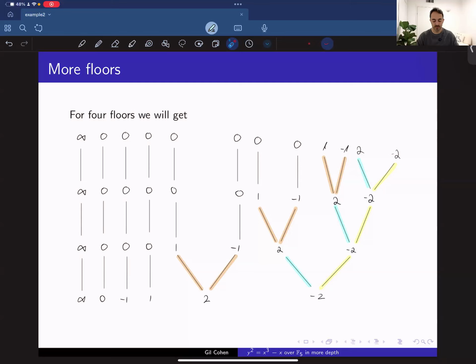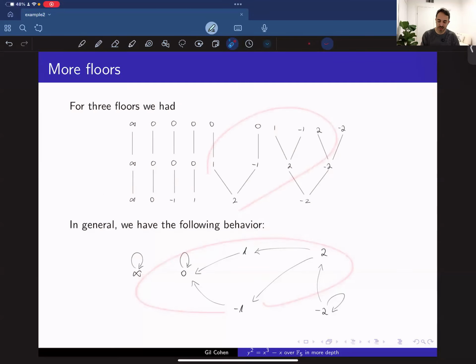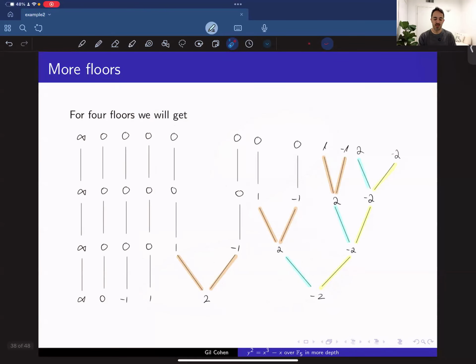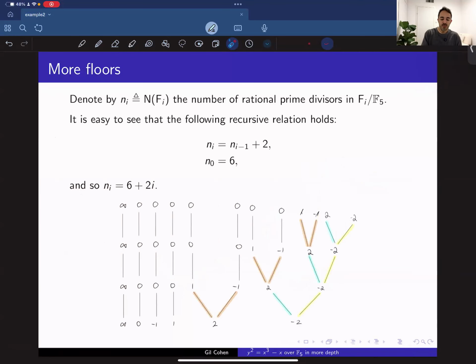And if you just think about what happens in the next layer, using that in your imagination, you'll see that you'll have this branching, and that branching will be the better branching that keeps going on. So -2 will be your favorite prime divisor. Okay, so if we denote by little n_i the number of rational prime divisors in F_i over F_5, in the ith floor, then you can easily see that the number of points increases by an additive 2 at every layer.